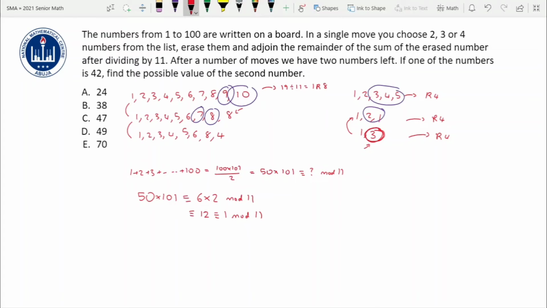And remember, we said that this remainder is not going to change regardless of what point you are at in erasing the numbers. So if you have erased a total of 50 numbers, the remainder will still be what it was at the start, which in our case is 1.